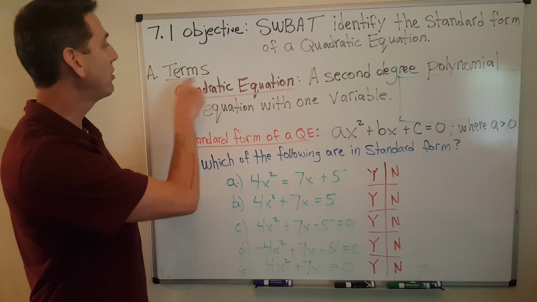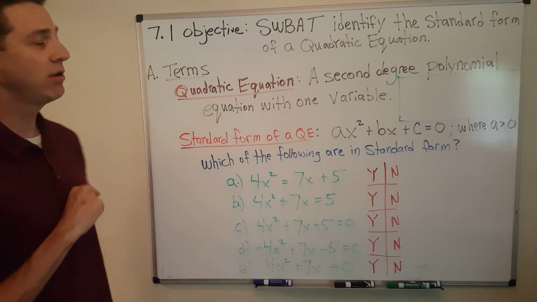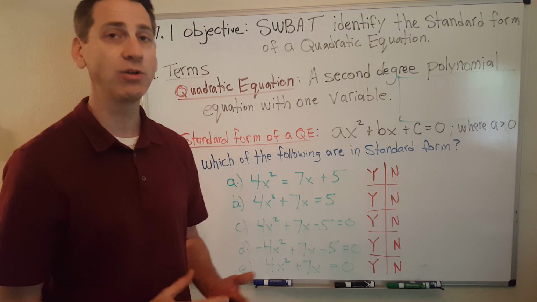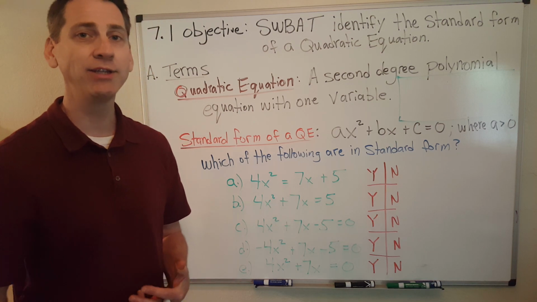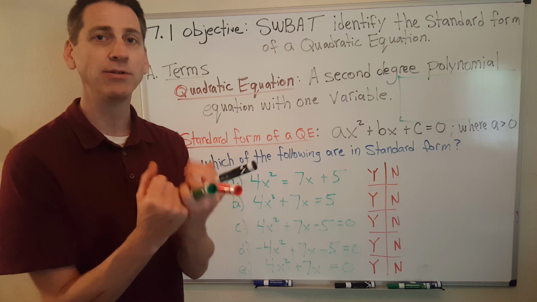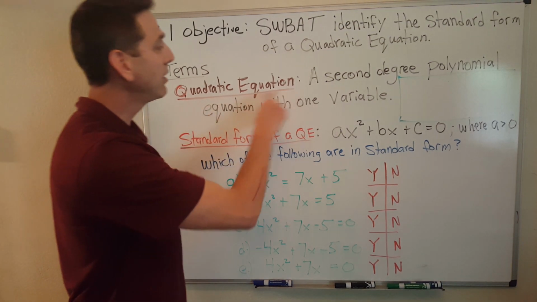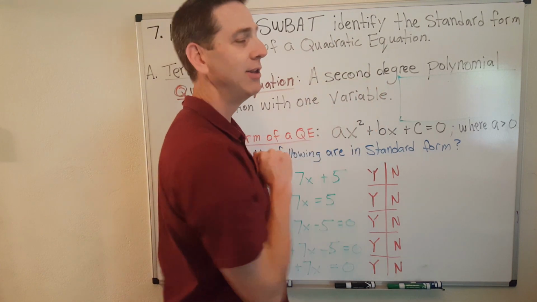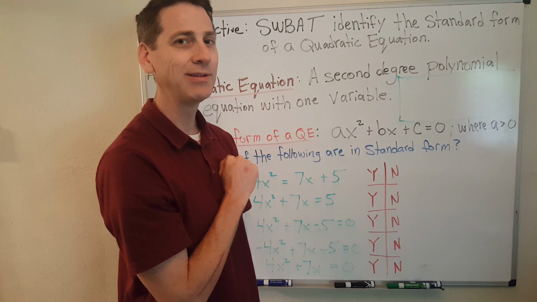All right, so some terms here. First of all, a quadratic equation. What is a quadratic equation? Well, first of all, it's an equation. And what's an equation? An equation is simply two expressions set equal to each other. So a quadratic equation is a second degree. Remember what second degree means?